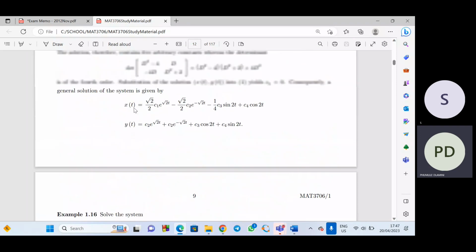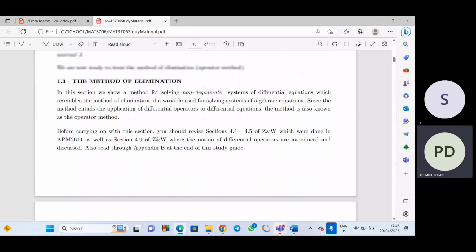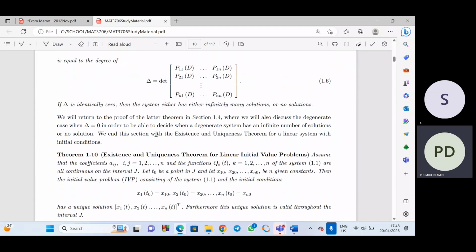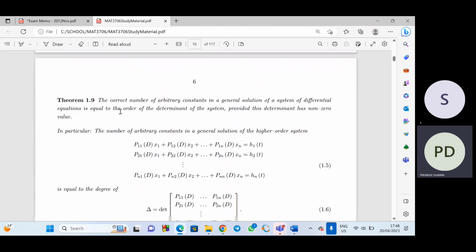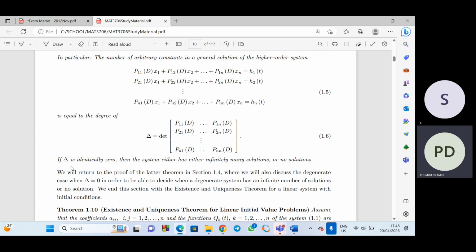If you check here, this is Theorem 1.9. It says that if the determinant is identically 0, then the system either has infinitely many solutions or no solutions.